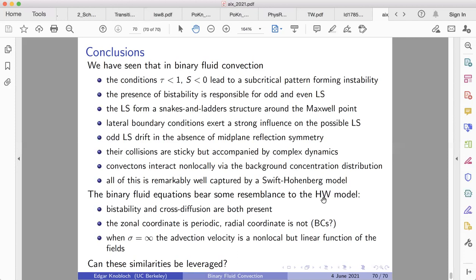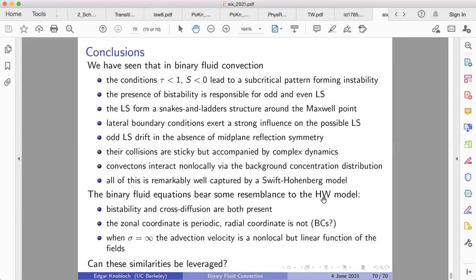Pat? Okay, I had several questions, if I may. Have you ever ventured into looking at the case in this system where the big S is negative, but where there is some noise applied in the heat? Either you have a noise somewhere in the boundary or something that is at least weakly jiggling the heat flux.